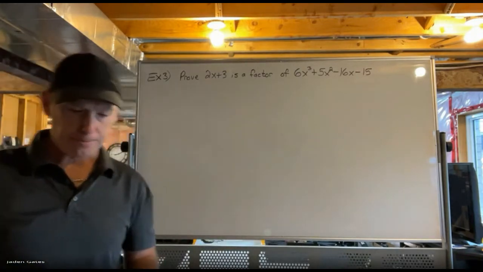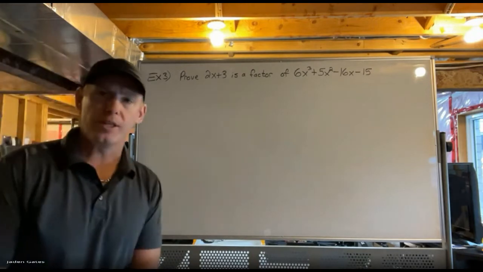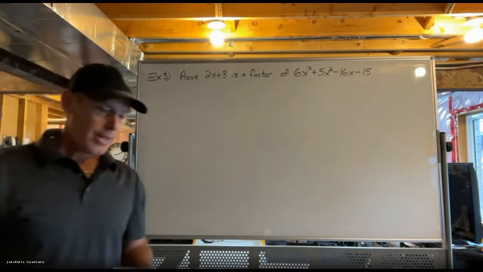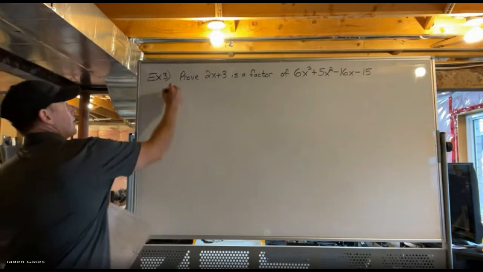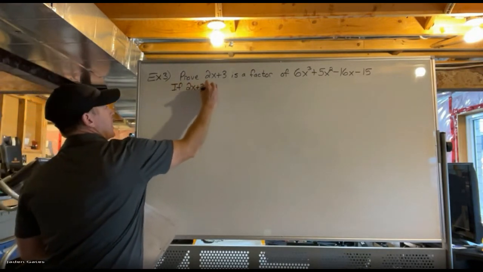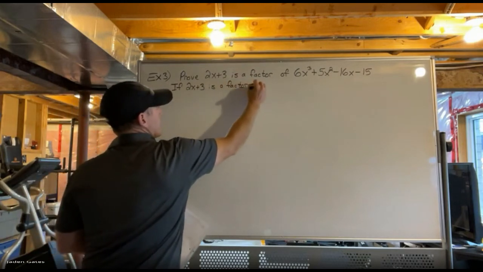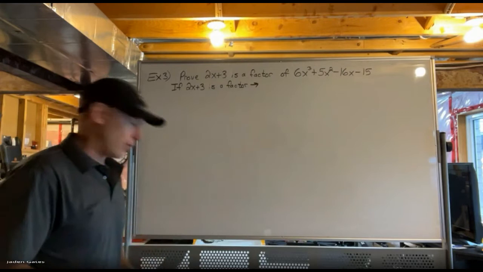We'll get to that. Now, prove 2x plus 3 is a factor. What the heck does that mean, right? If it is a factor, so if 2x plus 3 is a factor, that means there's no remainder.